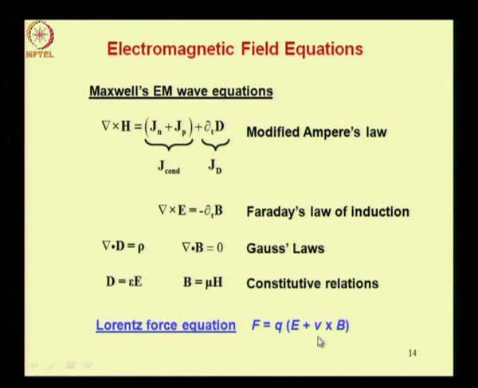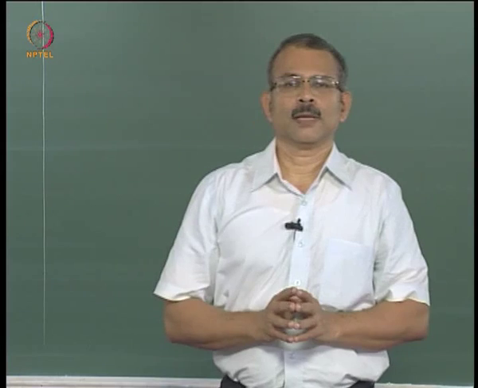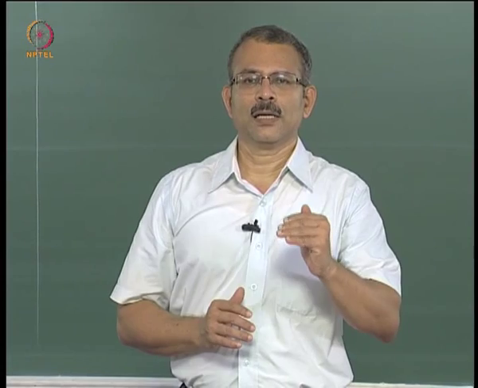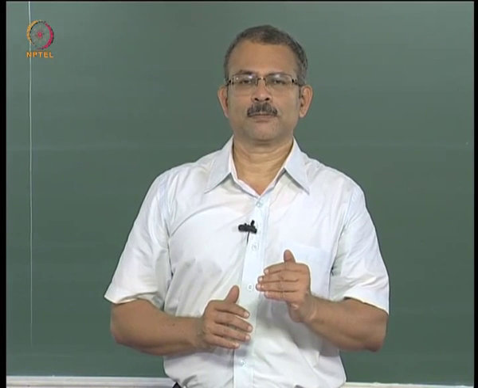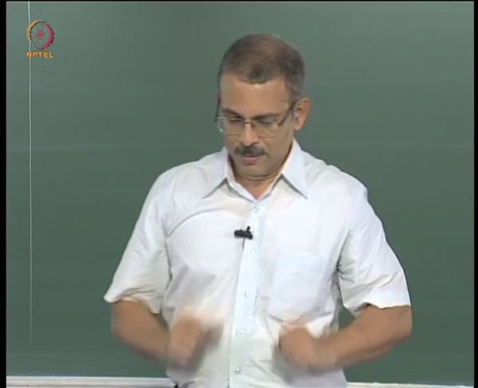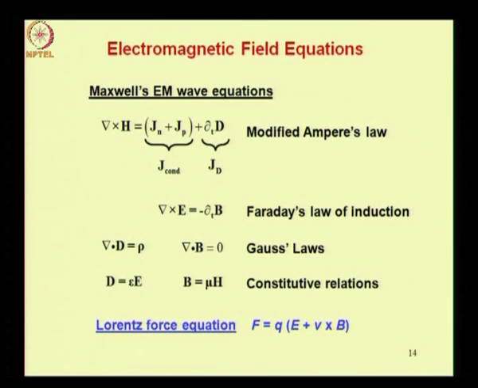So V is the velocity of the charge. So F is equal to Q times E plus V cross B. If the charge is an electron, then Q will be replaced by minus Q. So the electromagnetic field equations actually consist of the 4 Maxwell's equations and the Lorentz force equation. So these together constitute the electromagnetic field equations.